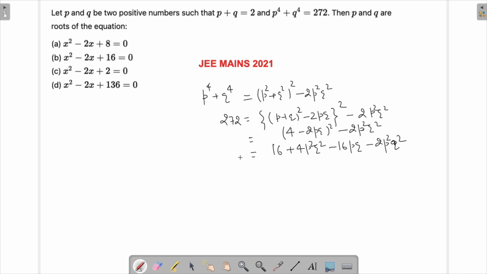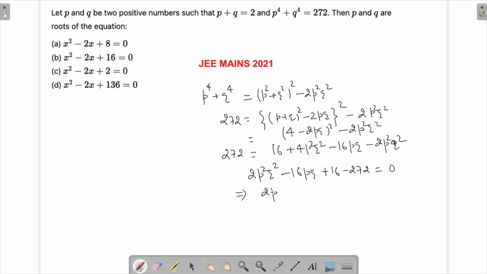So now what do we get here? 272 is also coming from this side. Now we get 4P square Q square and minus 2P square Q square, which becomes 2P square Q square. And then this becomes minus 16PQ, and then plus 16, and 272 comes to this side. So 16 minus 272 equals 0. Now I'll simplify this further.